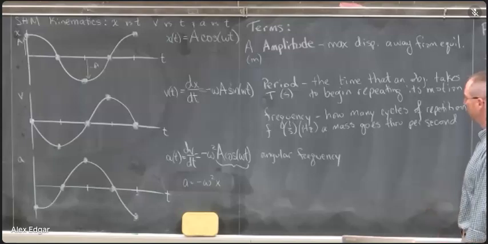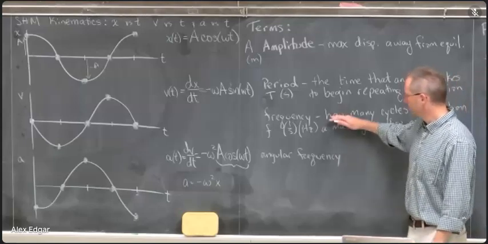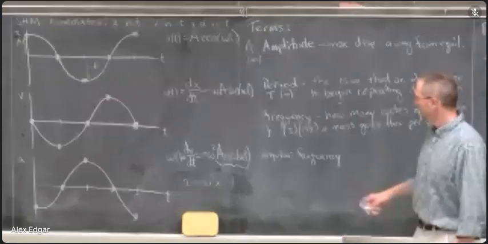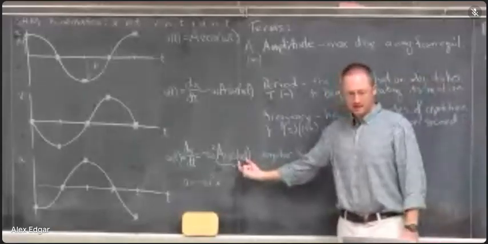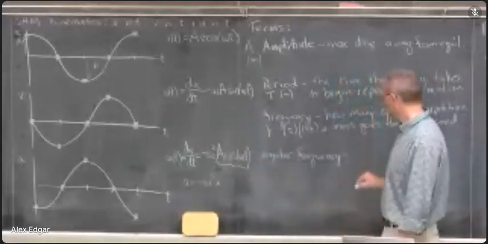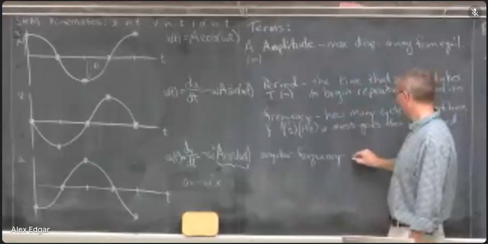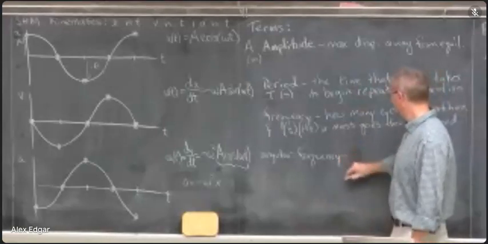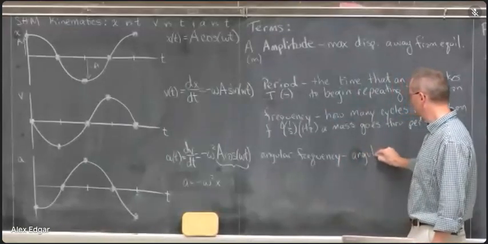And then there's angular frequency, which is frequency times 2 pi, that we need to use inside the trig functions. So this is also known as the angular speed.